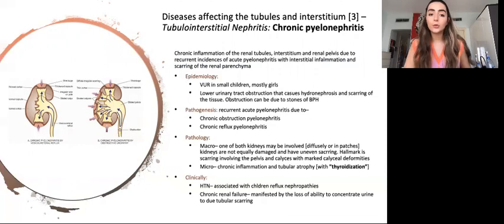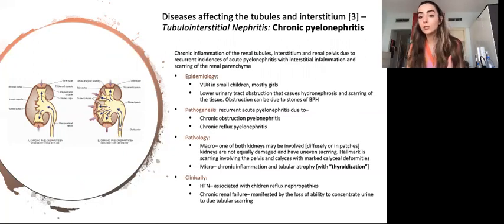In chronic obstructive pyelonephritis, the obstruction predisposes the kidney to an infection. So you get recurrent infections superimposed on obstructive lesions, and this leads to recurrent renal inflammation and scarring, and this finally causes chronic pyelonephritis. While chronic reflux pyelonephritis is the most common cause of chronic pyelonephritis.